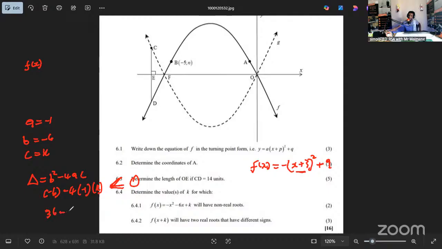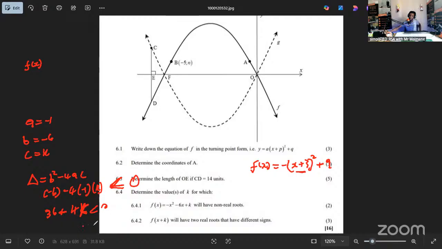and it's going to be 36 minus 36 plus 4c, I mean 4k, because c is k, is less than 0.